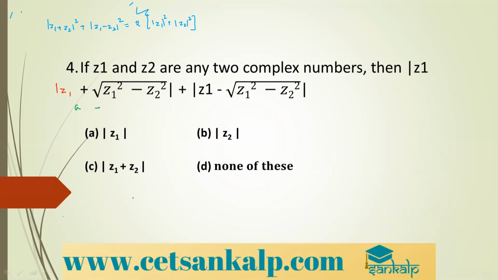If you have A plus B plus A minus B, if you want this, what you have to do is take A plus B whole square plus A minus B whole square, or you have to take A plus B plus A minus B whole square.